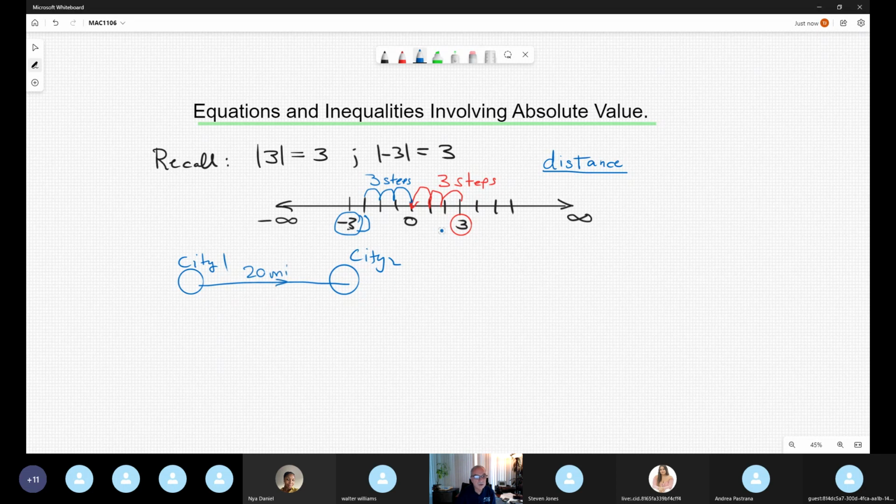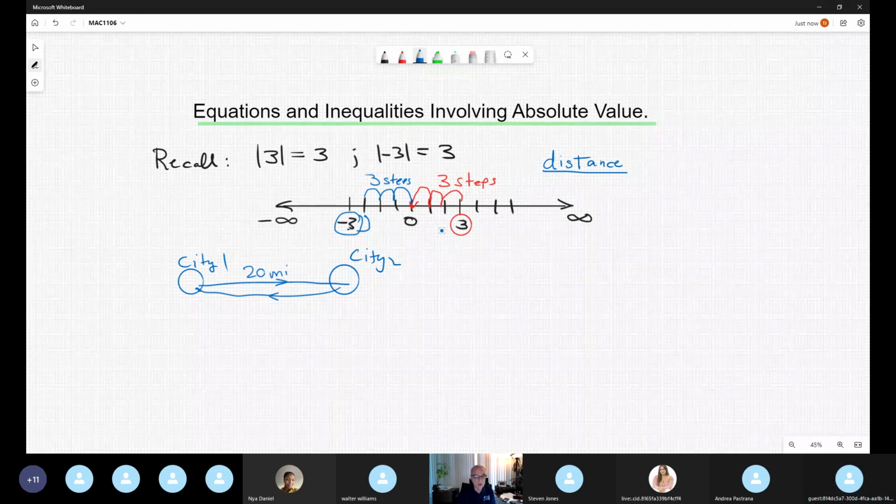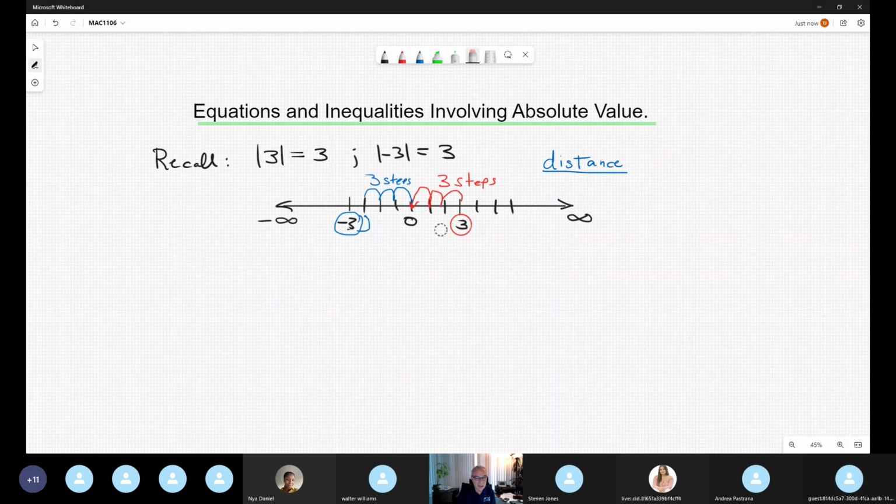And the opposite direction is the same distance, 20 miles. So distance does not represent direction, only the length of the segment that connects the two cities. This is the idea behind it. That is the reason that the absolute value somehow eliminates the sign. Clear?